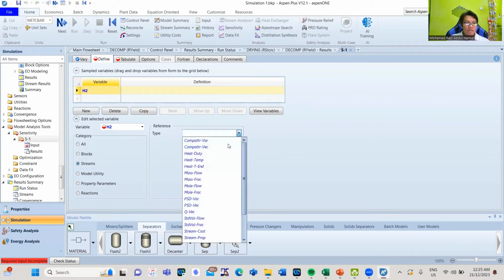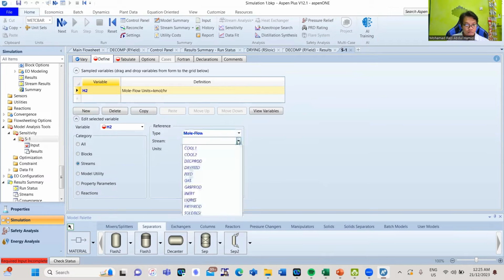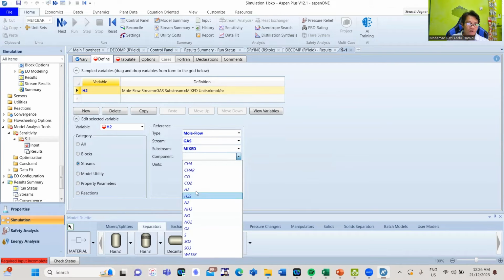And then the type, should I go mole flow or mass flow? I don't really know because I think the paper doesn't mention it. But actually in the paper, yes, they say mole flow, so we're going to use mole flow of the gas stream. Substream is mixed because hydrogen is a conventional component.